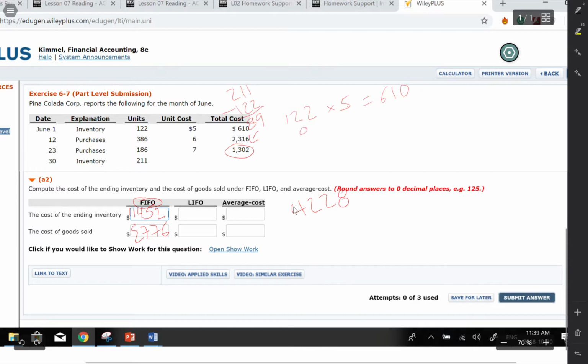So we take 89 units from there, and those units were bought at $6 per unit, and that totals $534. By adding these two figures up, we get a total of $1,144 for the cost of ending inventory.